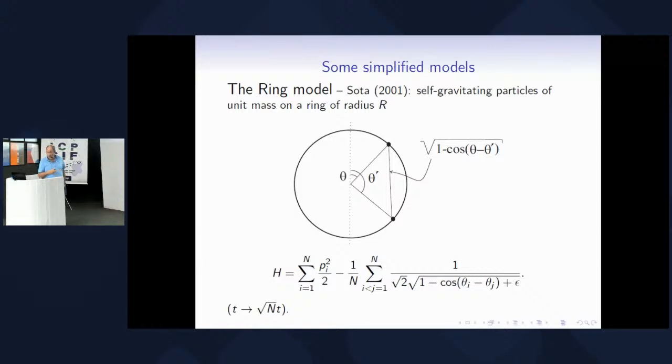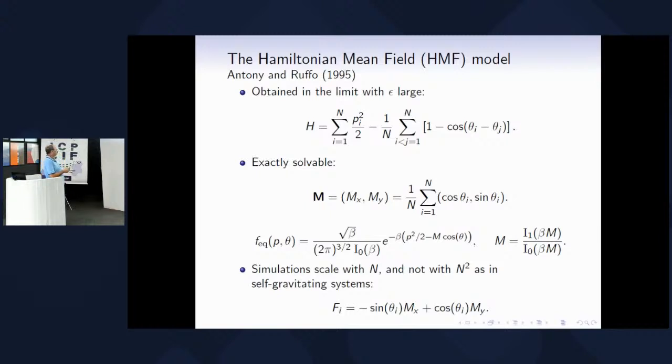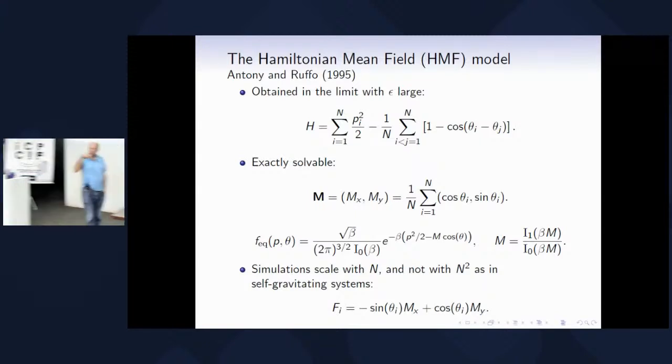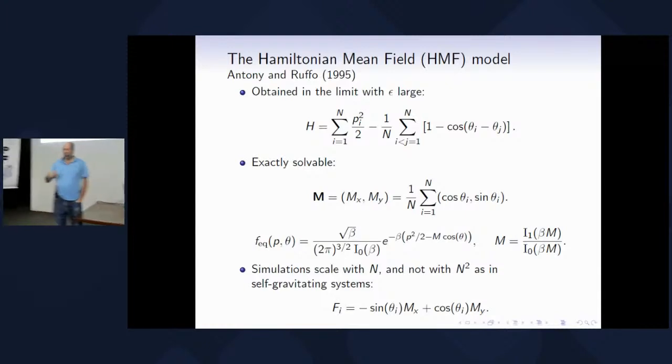It's just a toy model anyway that has this special form here. And we can think of it as classical spins, rotors, each one with a coordinate theta and angular momentum p.